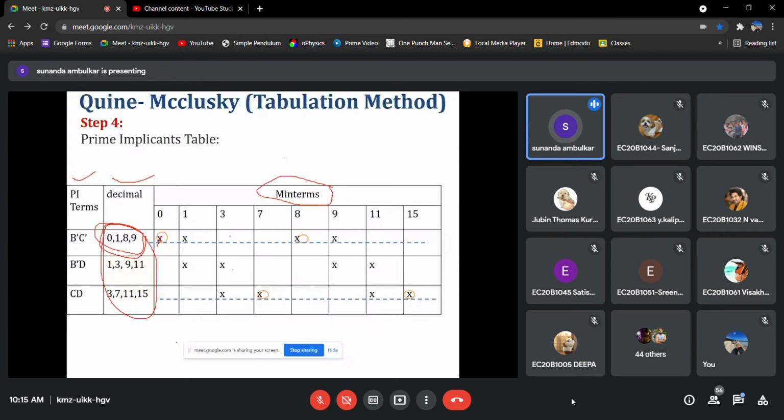Now see here, 0, looking downward, belongs to only B dash C dash, so I have encircled it. 8 also belongs to B dash C dash. 7 belongs to only CD. 15 also CD.